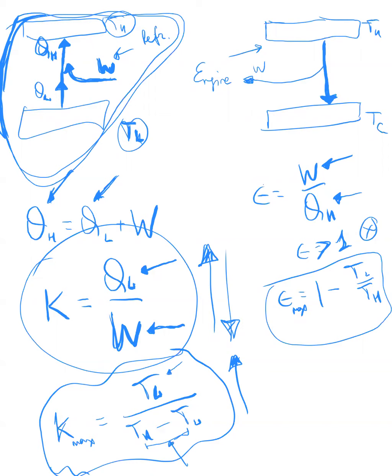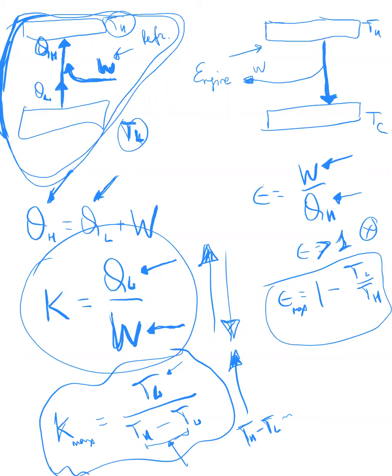Basically, what this is telling you is that if TH minus TL is a small number, then our performance will be good, which kind of makes sense because it's more difficult to cool things down if everything outside is really, really hot. If everything outside is already pretty close to the low temperature that you are aiming at, then your refrigerator will perform well, in the sense that it will be easier for it to remove heat from a cold place and dump it into a hot place.